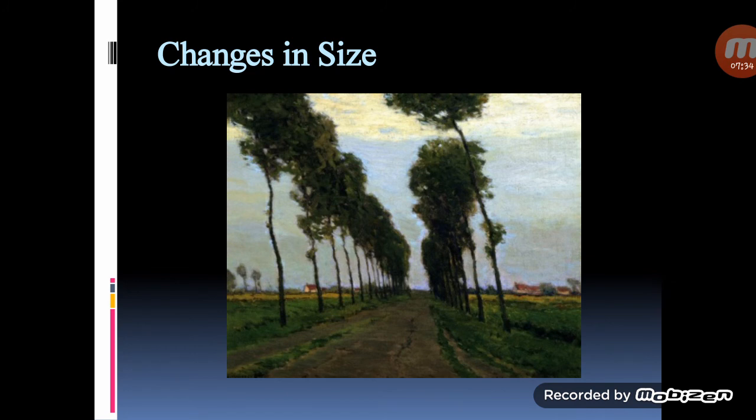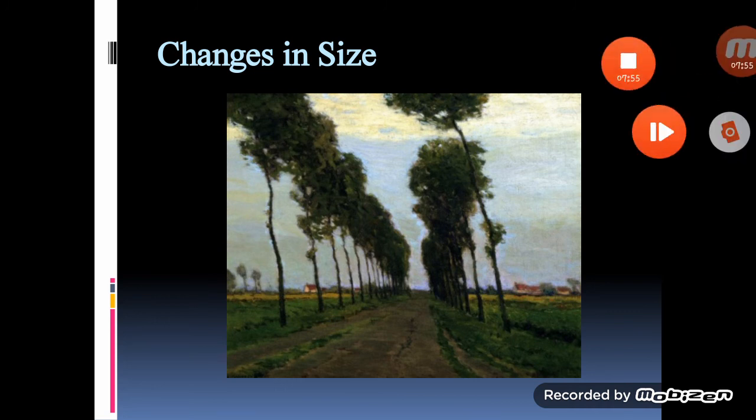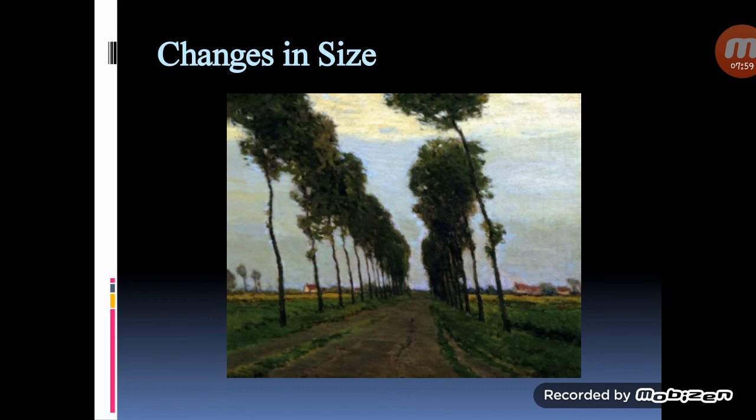Notice how, although in real life we know these trees are the same size, the artist masterfully crafted them descending away from the viewer. In other words, the trees get smaller as they get further away. The descending trees give a wonderful illusion of depth to this painting.